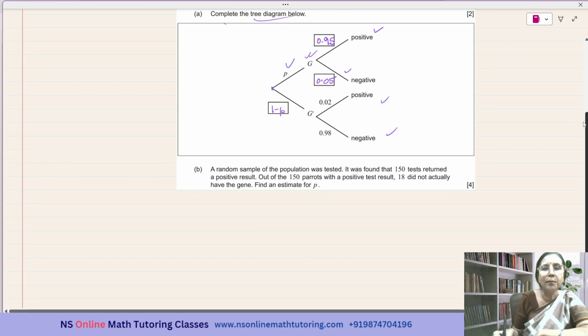Now coming to subpart B. A random sample of the population was tested. It was found that 150 tests returned a positive result. So let me just take the probability of a positive result.